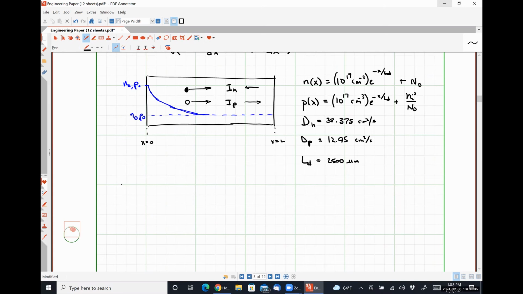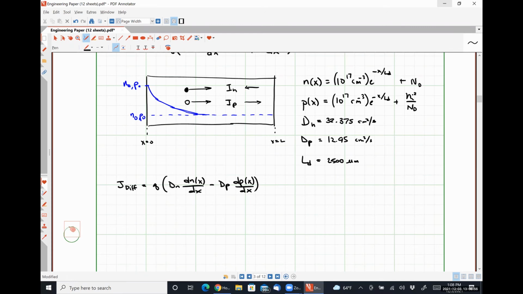So diffusion current density is Q times dN dn/dx minus dP dp/dx.